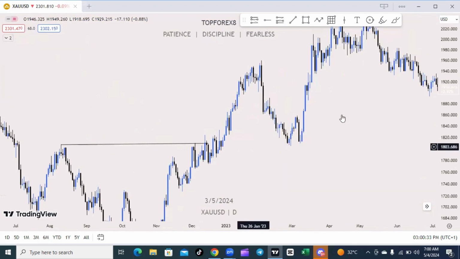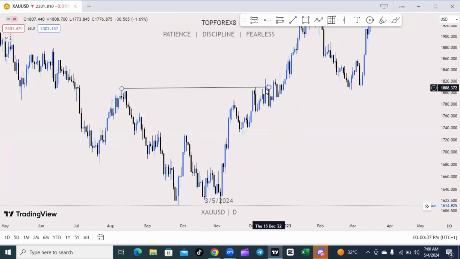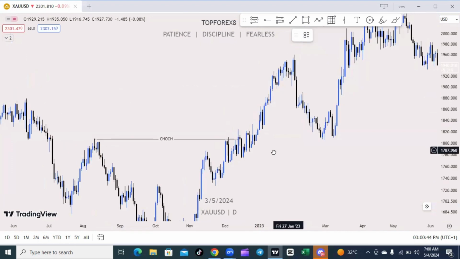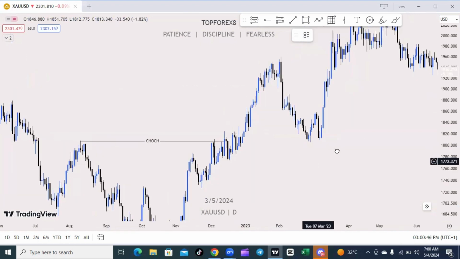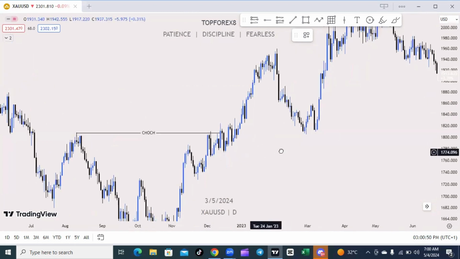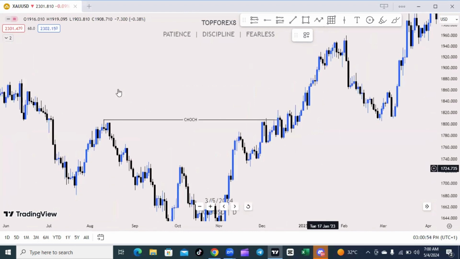Now, when the market changes character from bearish to bullish right here, it might not be right, but let us consider it, because I only want to do one example in one direction. So I don't want to do the selling, I just want to do the buy. It's the same thing anyway.